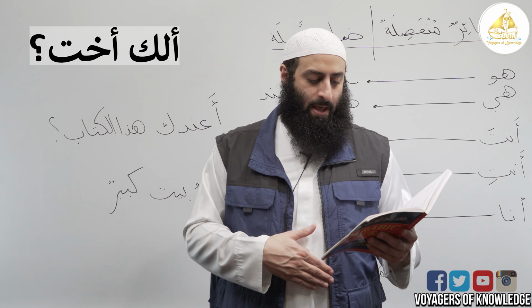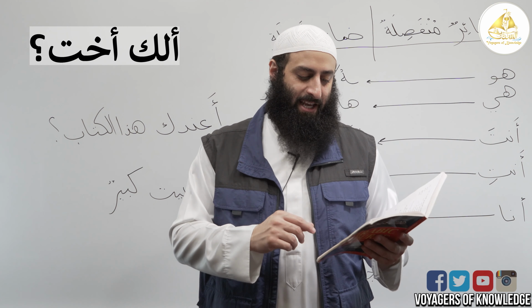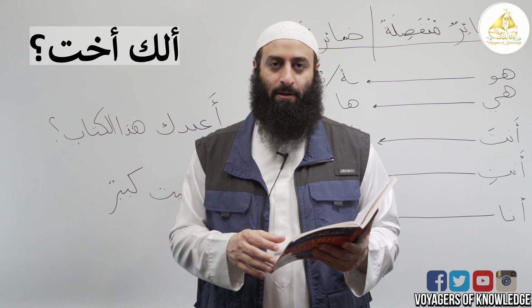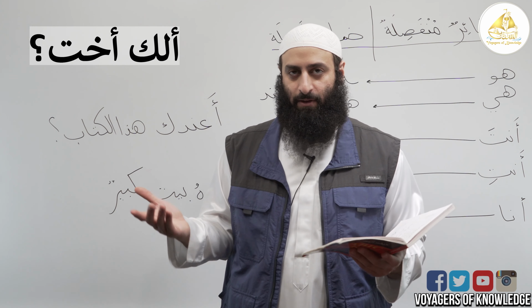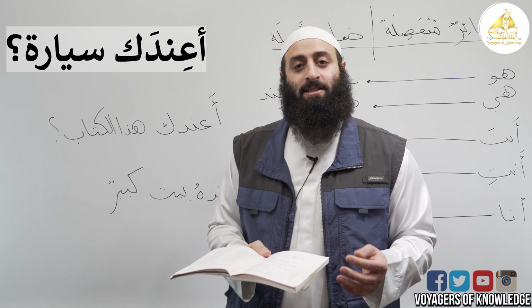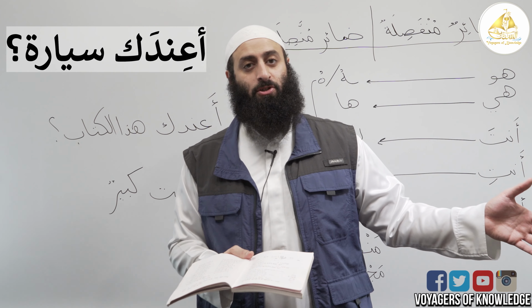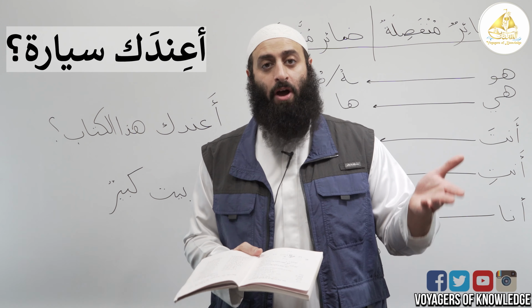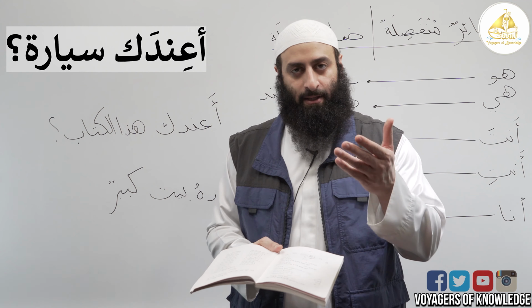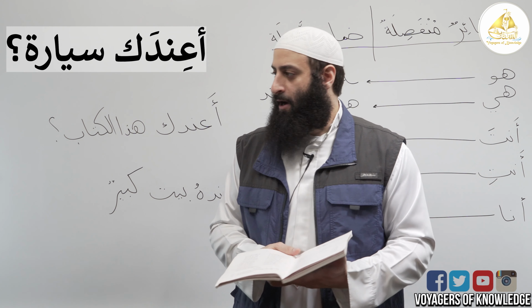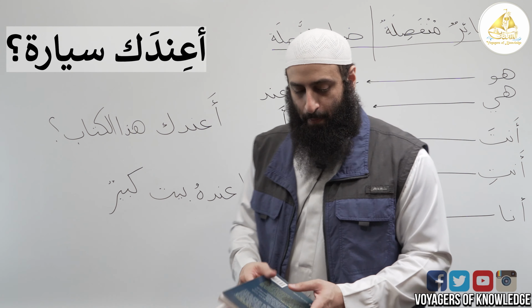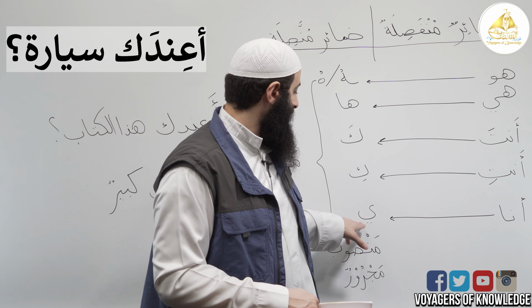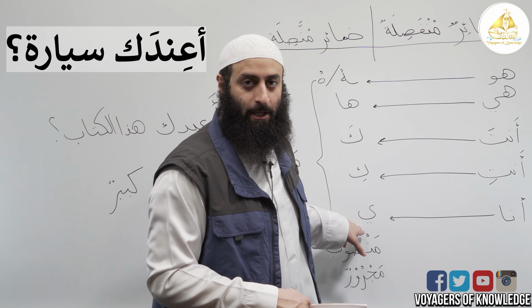All right? And actually, let's get to 10. I know we said we're going to stop, but let's get to 10. It's going to be strange if we just stop on 7. عندك سيارة. Now, this is not a person you're related to. It's a car. Do you have a car? How would you answer? You'd answer by I have. You add this to عند.